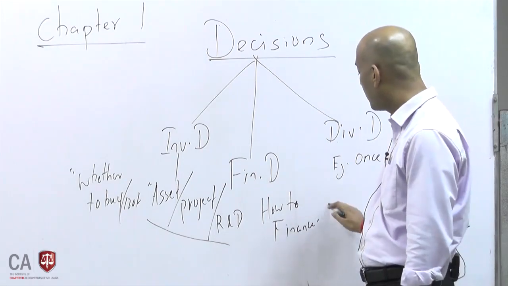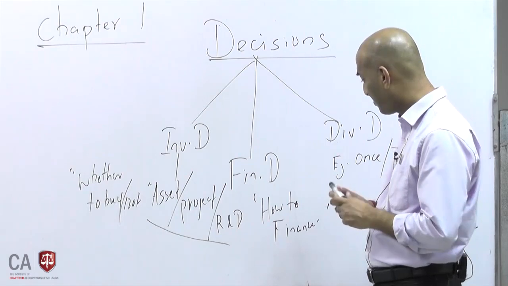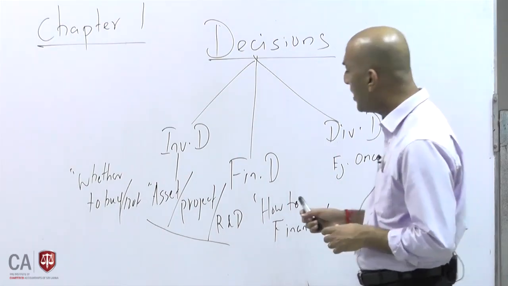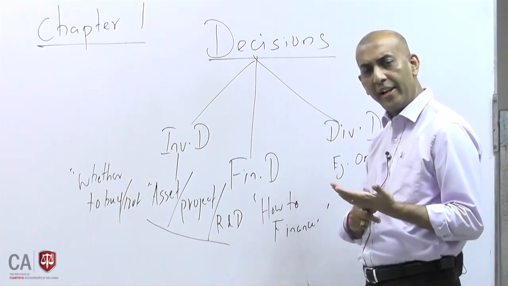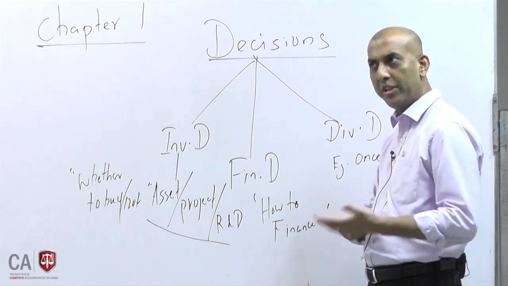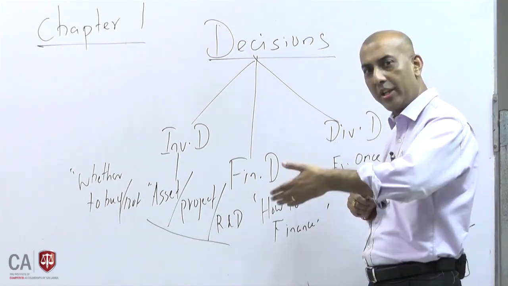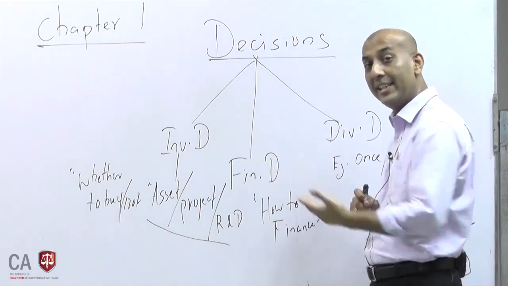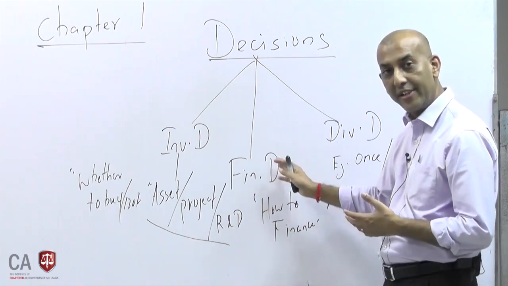Finance decision is about how do you want to finance this. You can finance any of these investments by shareholders funding. It can be loan funding. Even in the loan you could decide I want to finance through long-term loans or short-term loans, or I may go for leases. So you have various financing options for financing decision.